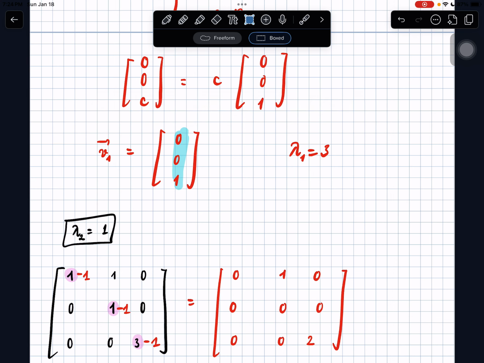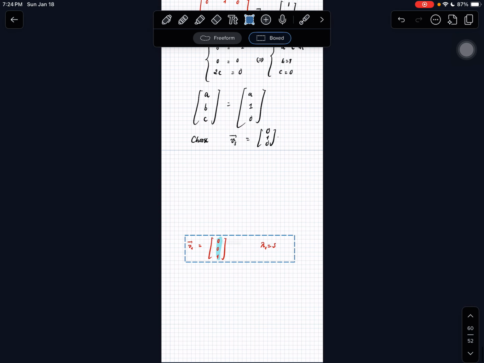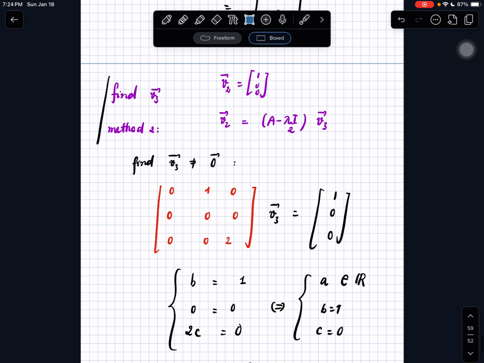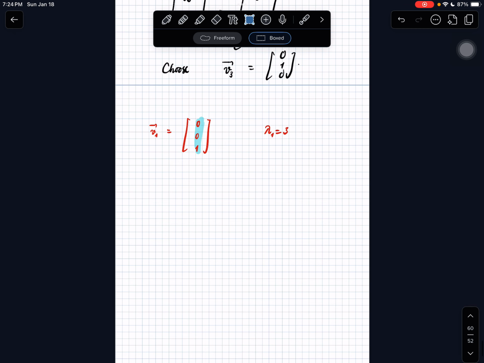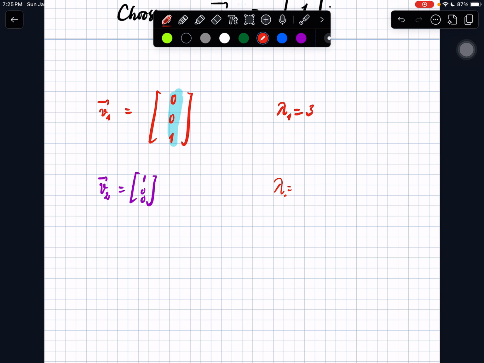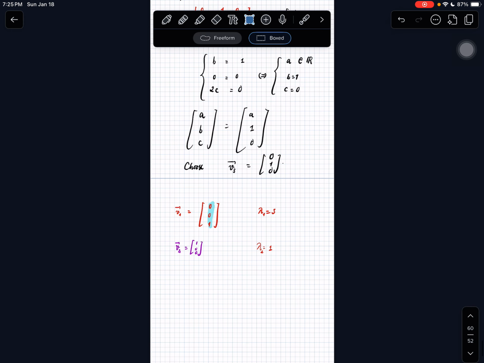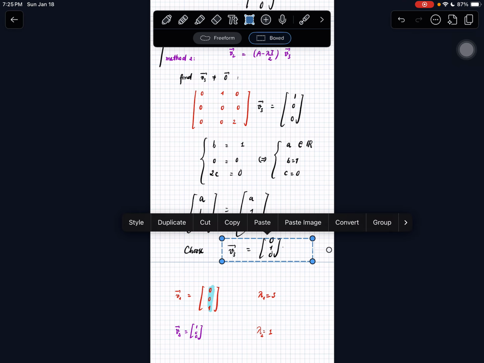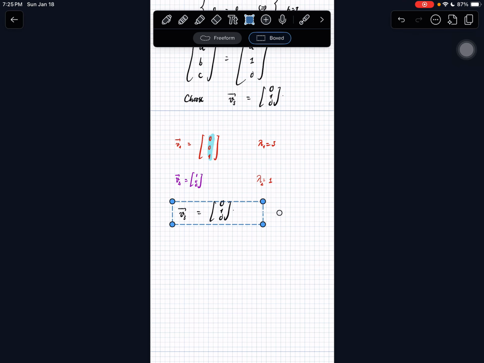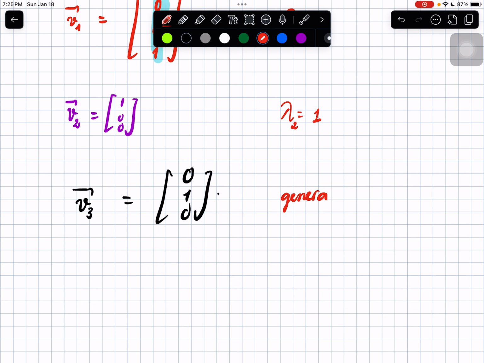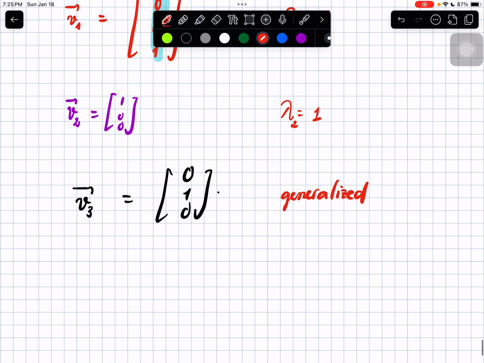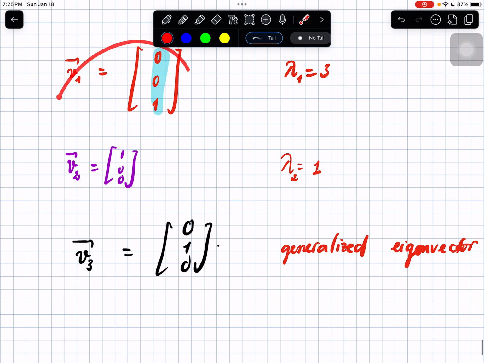This one is V1. V2 is this one, lambda 2 equal to 1. And V3 is (0, 1, 0), the generalized eigenvector. And these two are the actual eigenvectors.